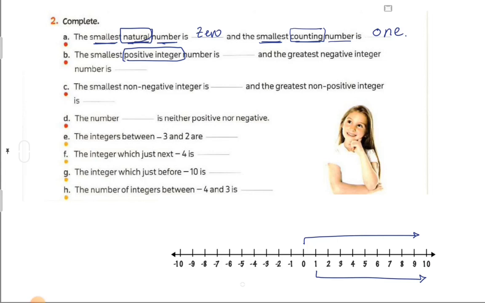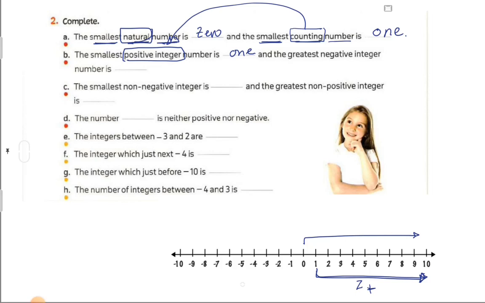Where are the positive integers? It's the same as the counting numbers. A positive integer is the same as a counting number. So the smallest here is just 1.